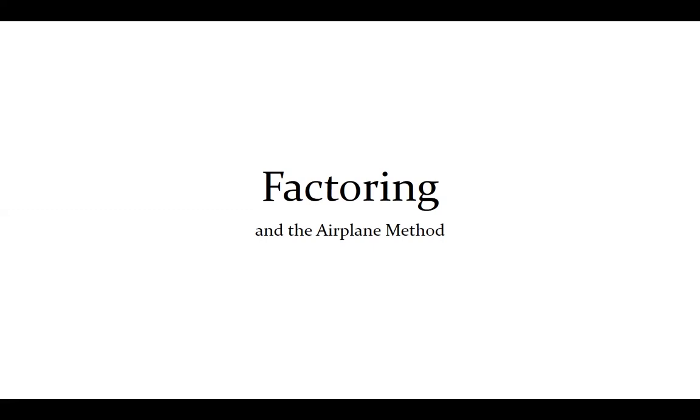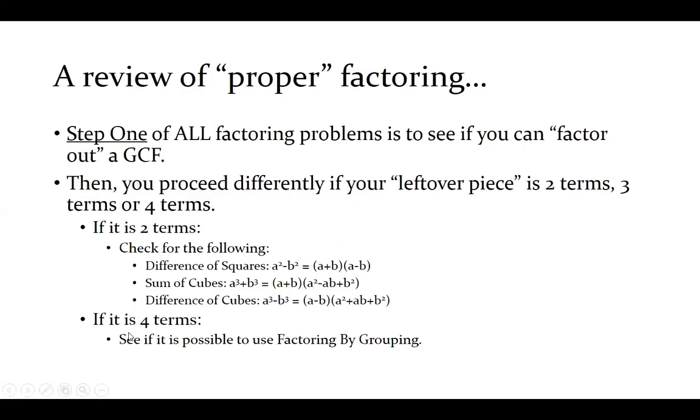But before we talk about the airplane method, we're going to very quickly review what our thought process should be when we're told to factor something. So a review of proper factoring. Step 1 of all factoring problems is to see if you can factor out a greatest common factor.